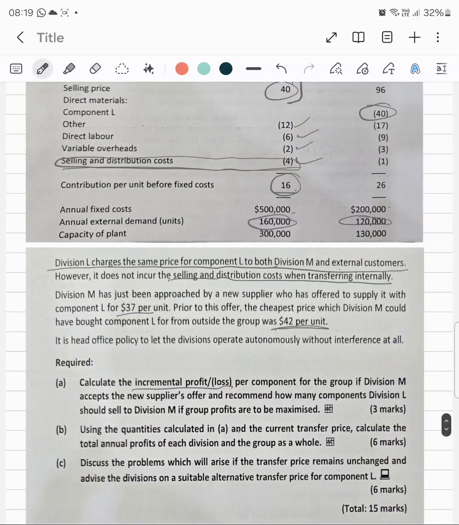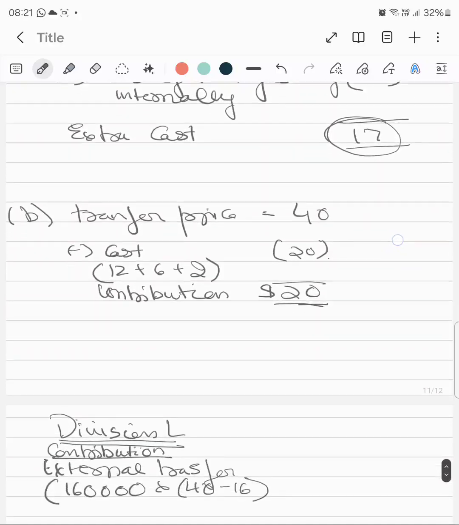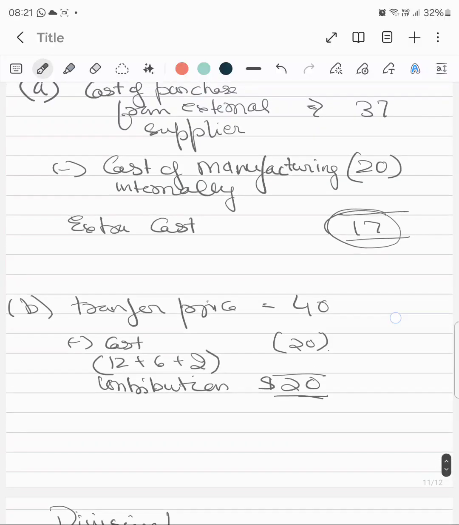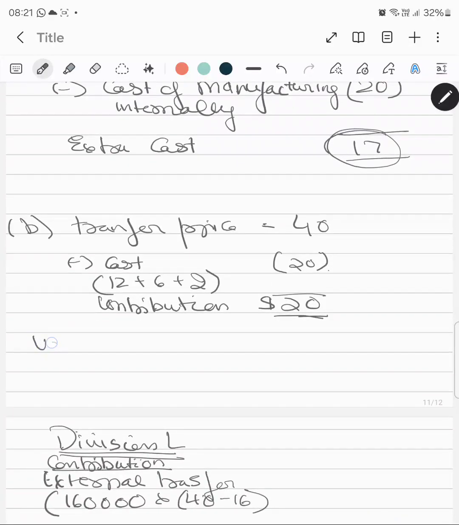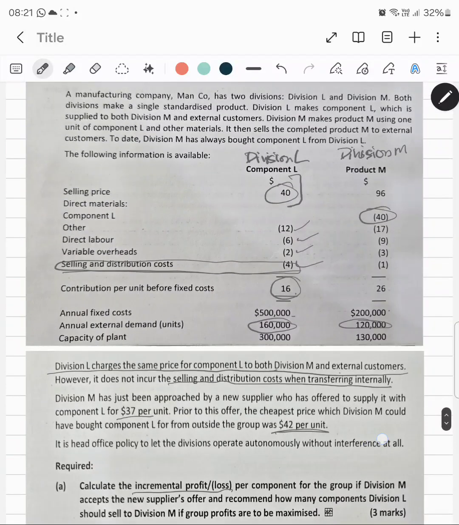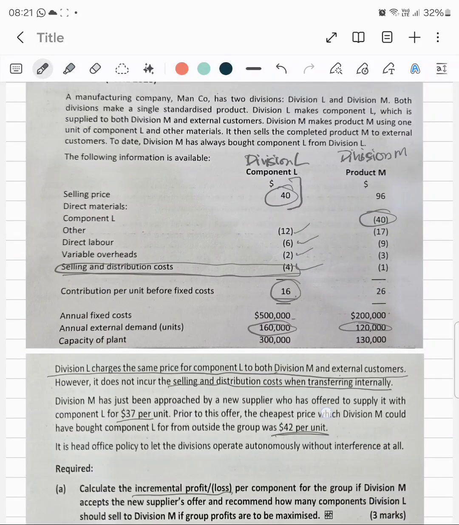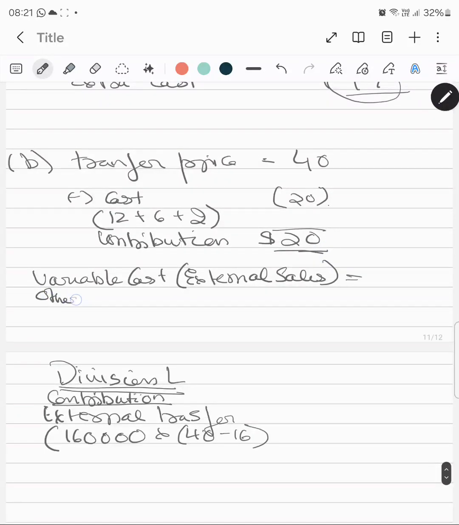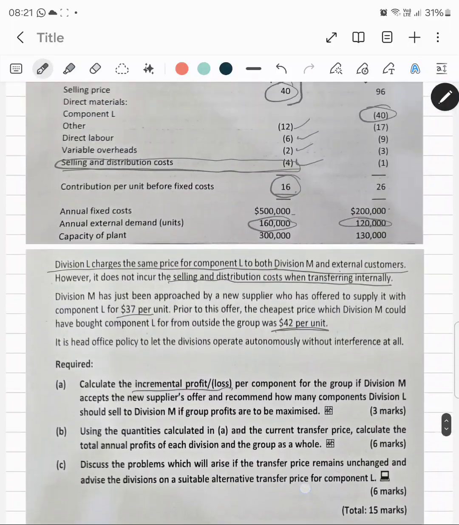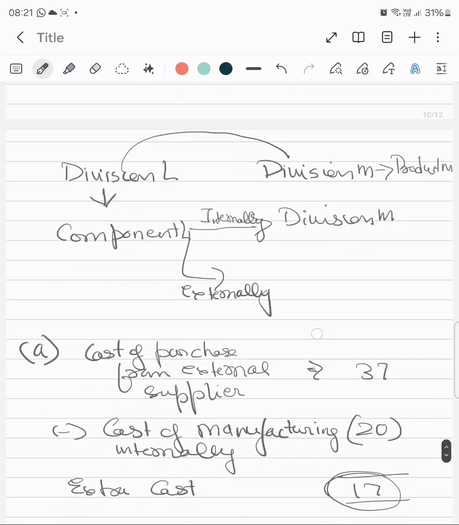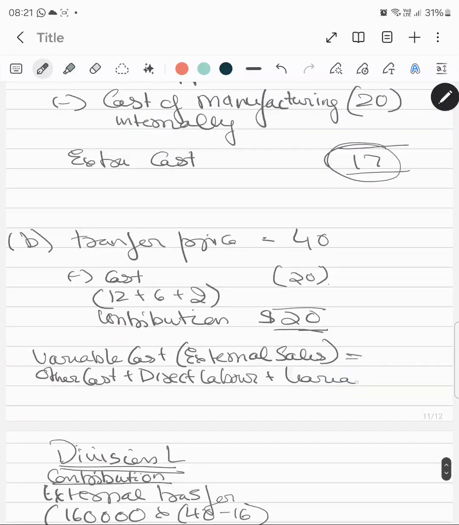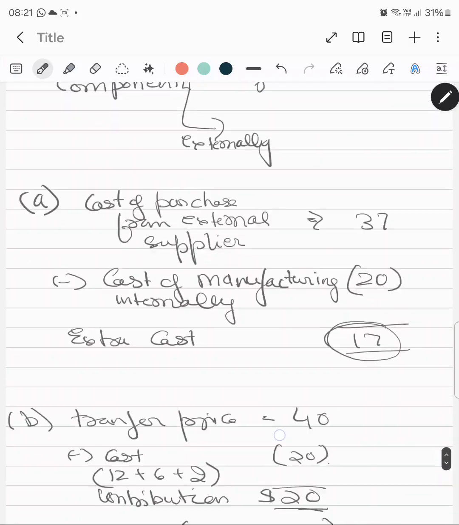Wait a minute, I think I totaled it incorrectly, so let me calculate the variable cost in case of external sales: direct labor, variable overheads, selling and distribution.